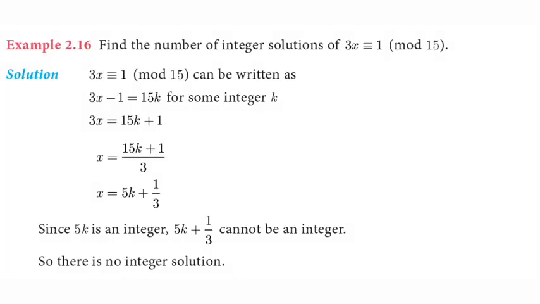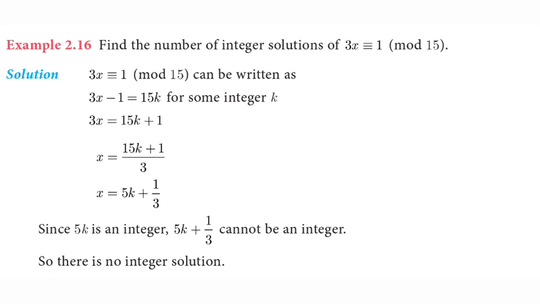Next example 2.16. Find the number of integer solutions of 3x ≡ 1 mod 15. Here a = 3x, b = 1, n = 15. a minus b is divisible by 15, equal to k times n. The congruence 3x ≡ 1 mod 15 can be written in the form (a − b)/n = k.